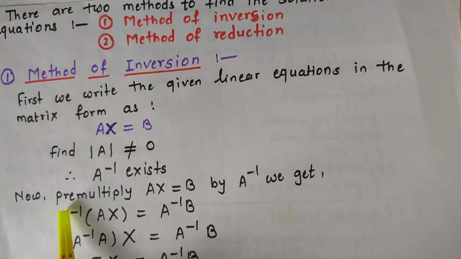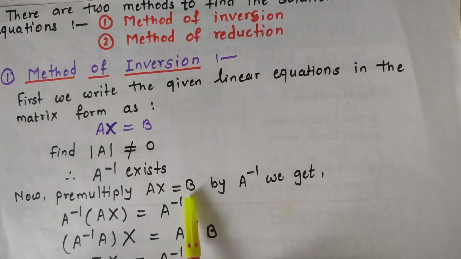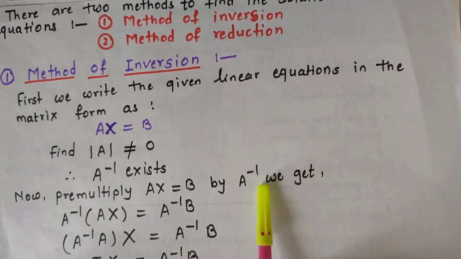Now after that, pre-multiply AX is equal to B by A inverse.